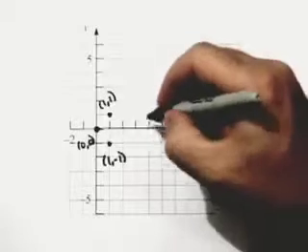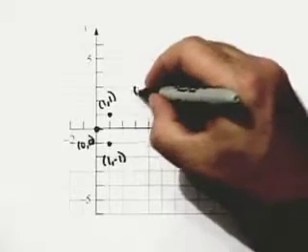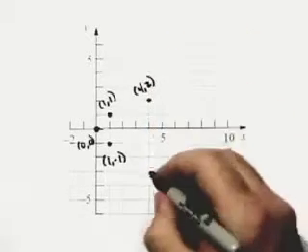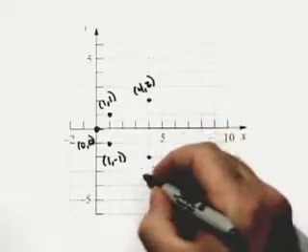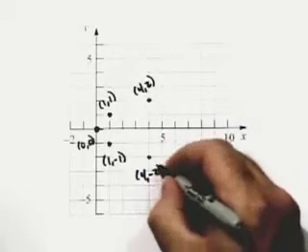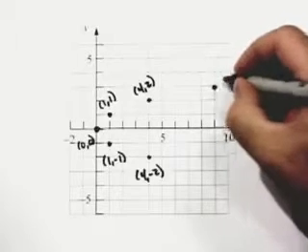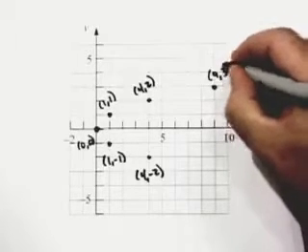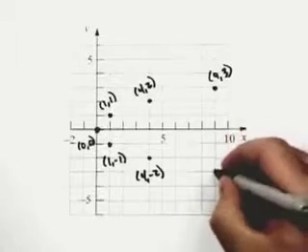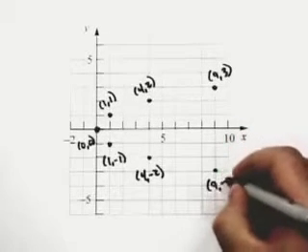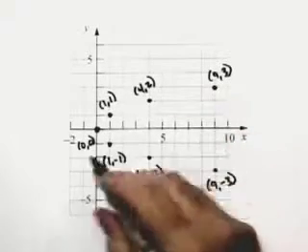We also found the point 4, 2. And from symmetry, the point 4, negative 2. And lastly, we found the point 9, 3. And from symmetry, the point 9, negative 3. So we have these 7 points plotted.